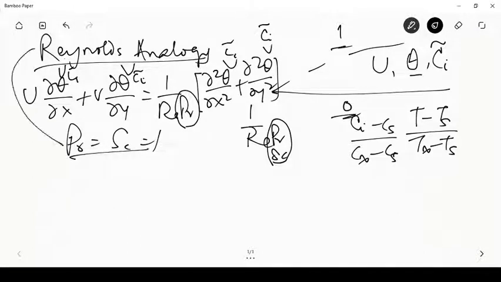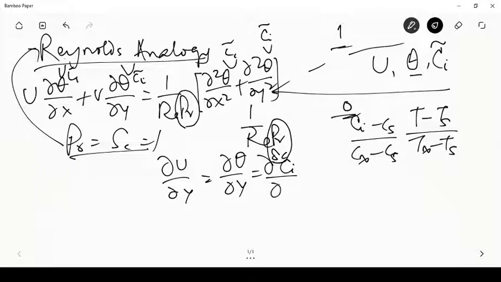That's called the Reynolds analogy, in which case the solutions are identical. So the gradients del U by del Y will be the same as del theta by del Y, equal to del Ci by del Y at Y equal to 0. That is, at the location of the plate all these gradients become identical.